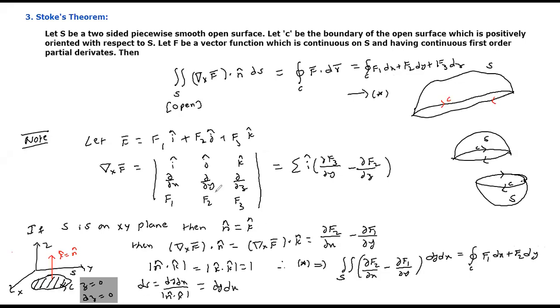Can you recognize this expression? Double integral dou f2 by dou x minus dou f1 by dou y dy dx equal to integral over C f1 dx plus f2 dy. Did you see this anywhere else?